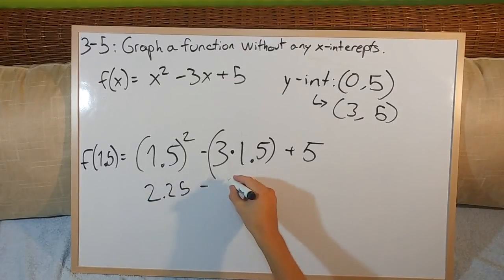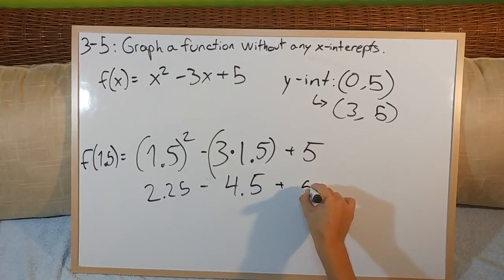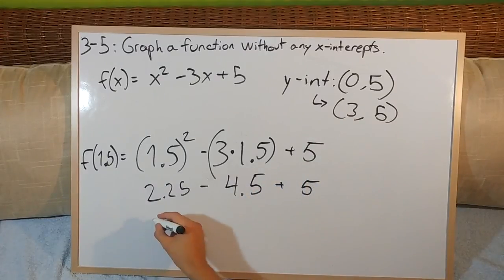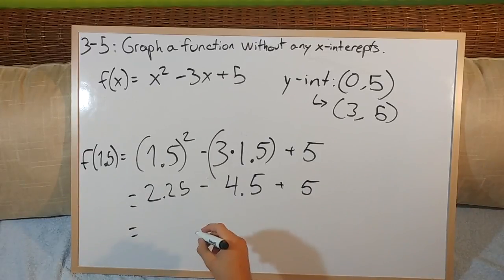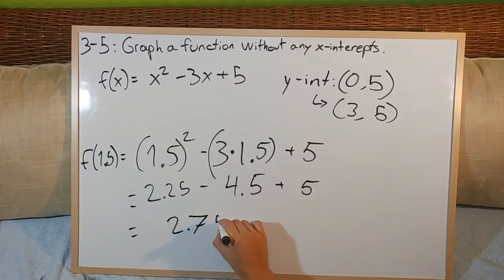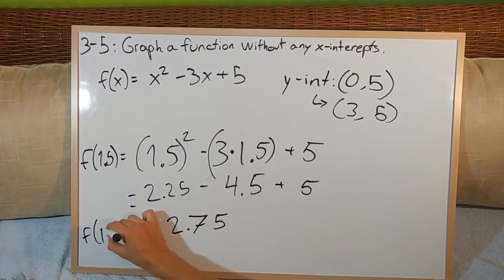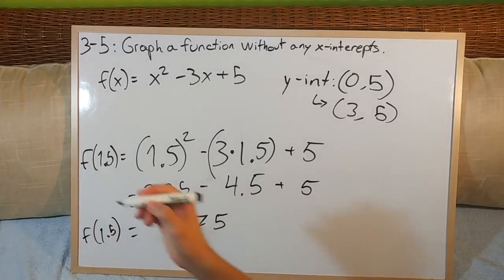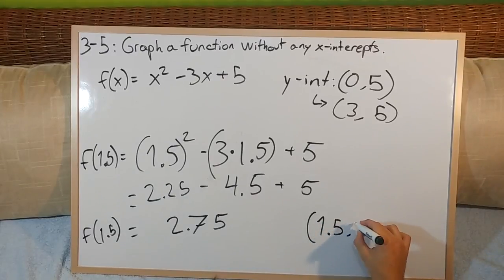Minus 3 times 1.5 is 4.5, plus 5. Adding all this up together equals 2.75. And we found our vertex, which is (1.5, 2.75).